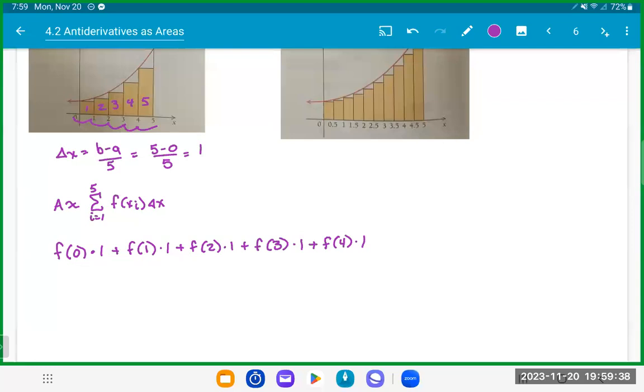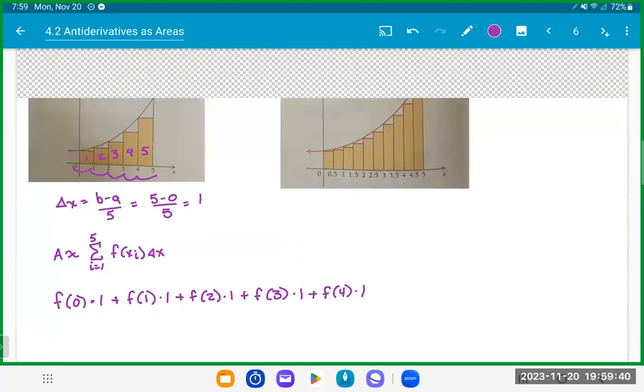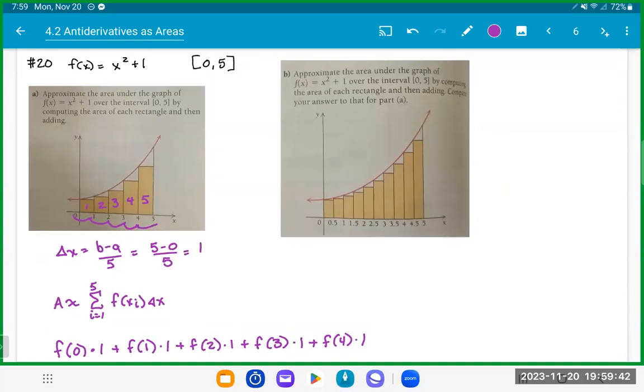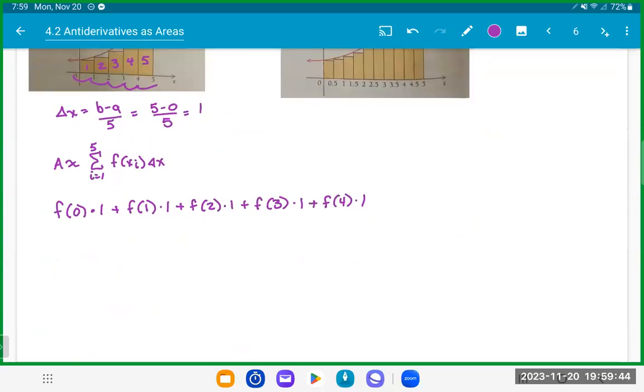When we evaluate this, remember my function is x squared plus 1. So my function evaluated at 0, that's x squared plus 1, so that's really 0 squared plus 1 times 1. I don't need to put that times 1 out there anymore.